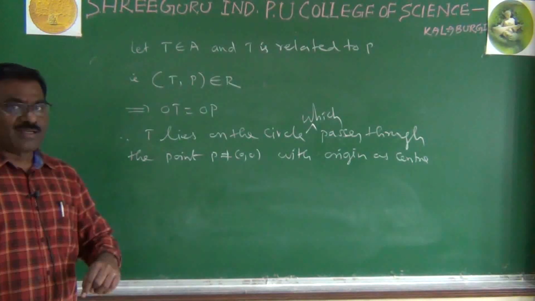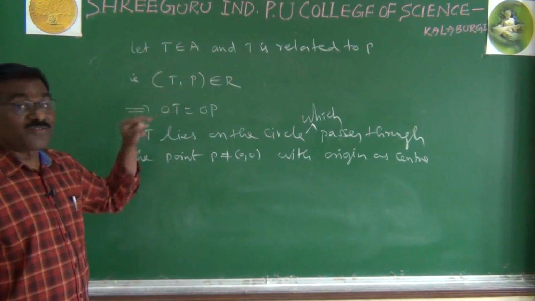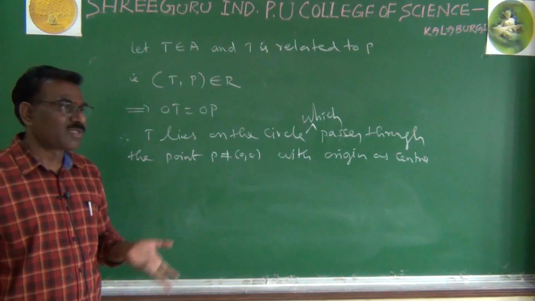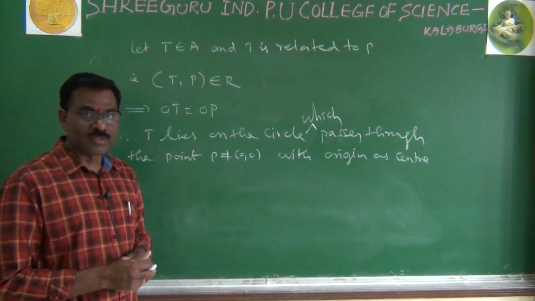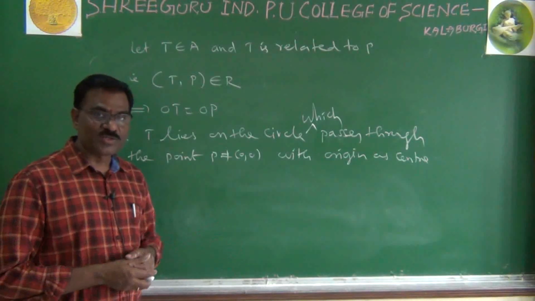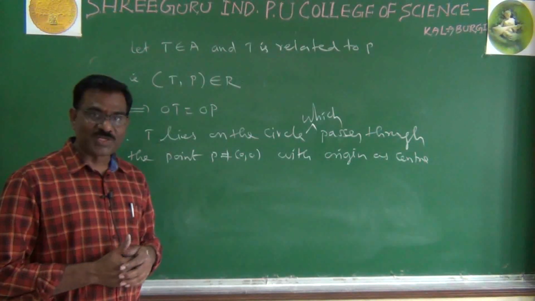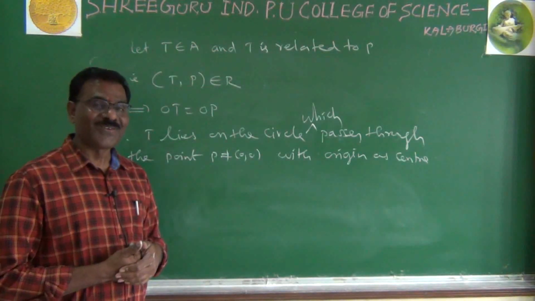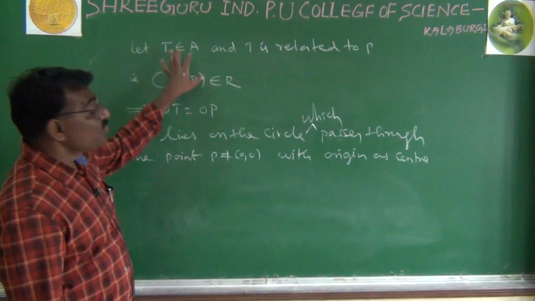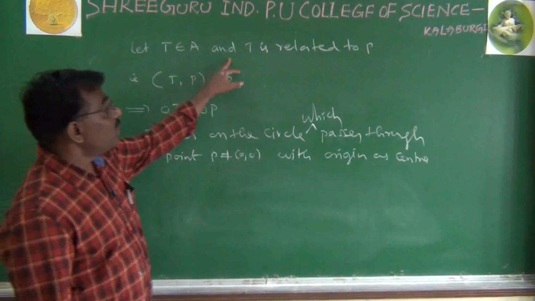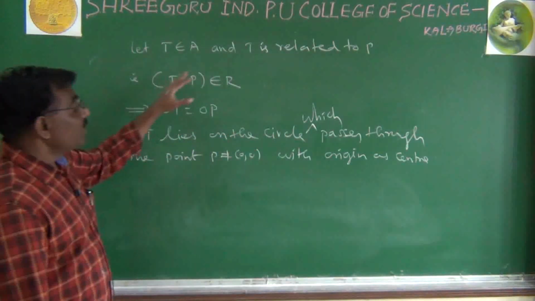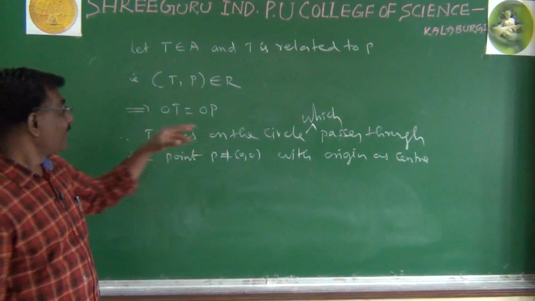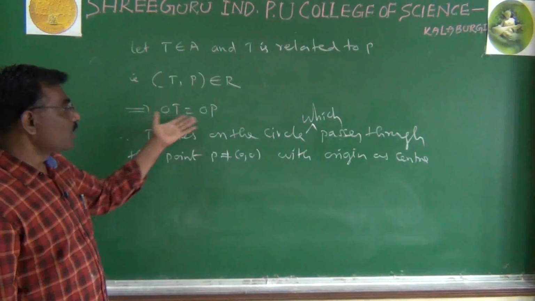I will repeat once again, because it is very difficult. Sometimes it is a 5 marks question: up to the equivalence relation is 3 marks, and this part is 2 marks. Students directly write OT equal to OP, which is wrong. T belongs to A, T is related to P, so T comma P belongs to R, and OT equal to OP.